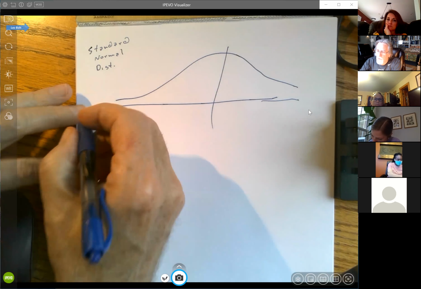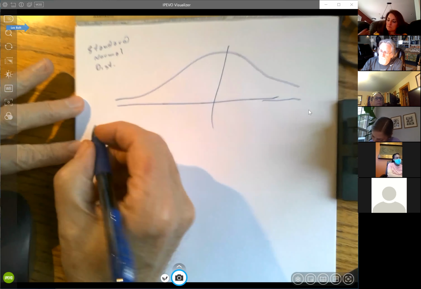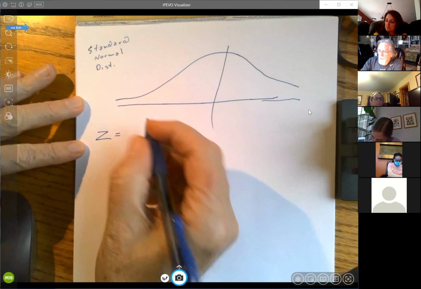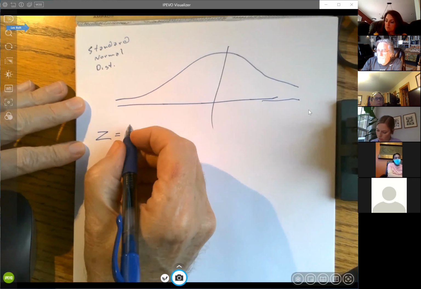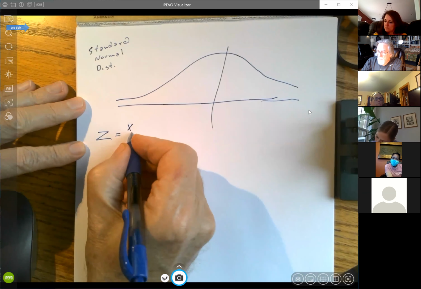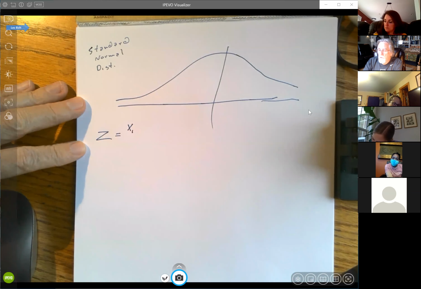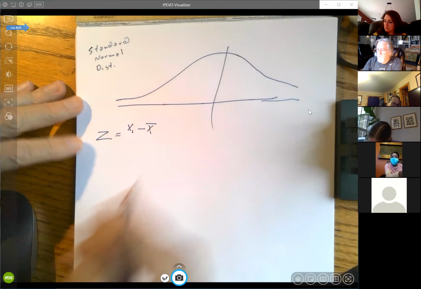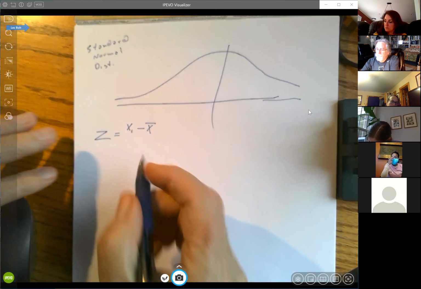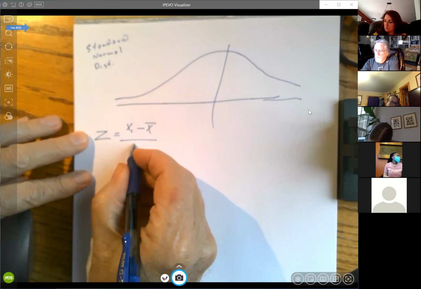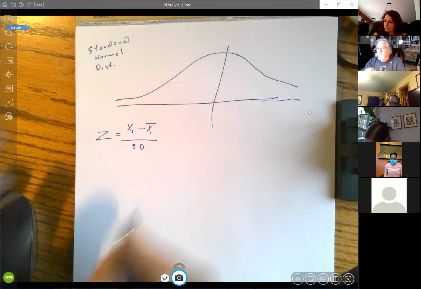And a z-score is defined by a raw score, an individual score, minus the mean of that group, divided by the standard deviation.